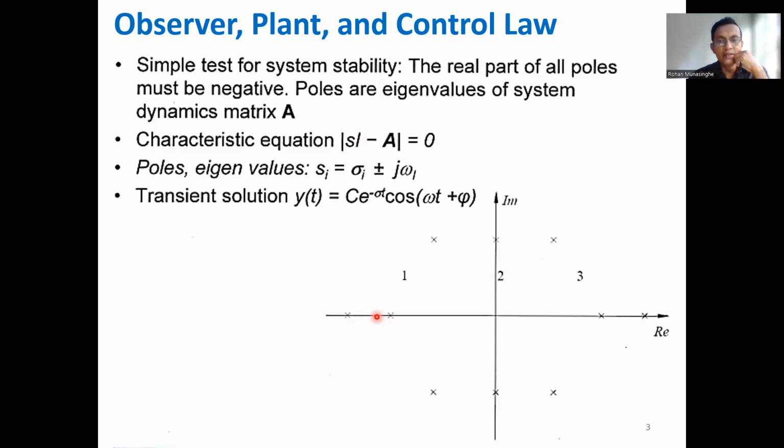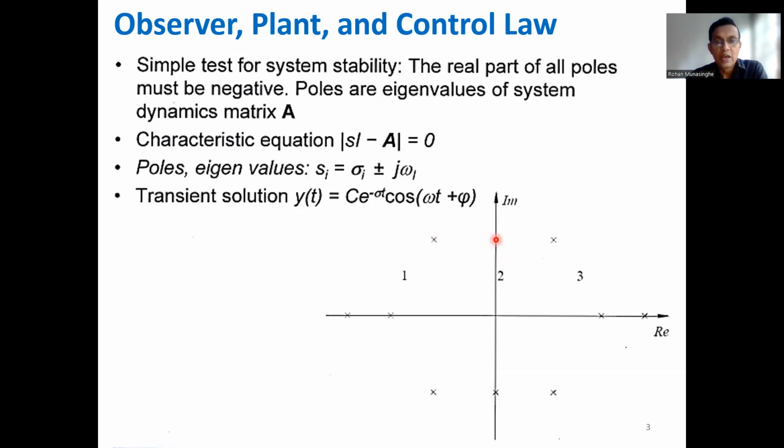If they have a negative real part, then we say the system is stable. We studied these things. If the eigenvalues or the poles of the plant have positive real parts, the system is unstable.